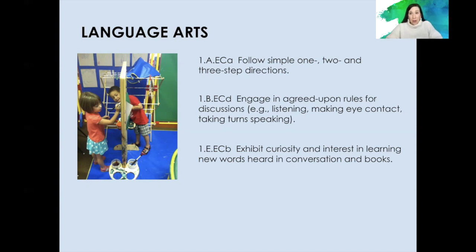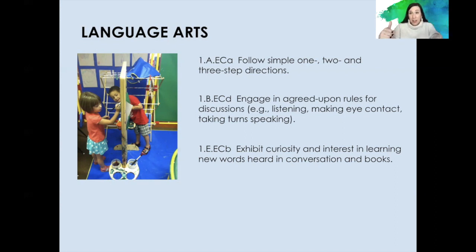Well, what can we do? We can say, oh, take your paintbrush in your hand, dip it in your paint, and then paint on the paper, right? So you're following 1, 2, 3-step directions there by doing art. Engaging in agreed upon rules for discussions. I'm showing you a beautiful piece of artwork and we're talking about it, right?